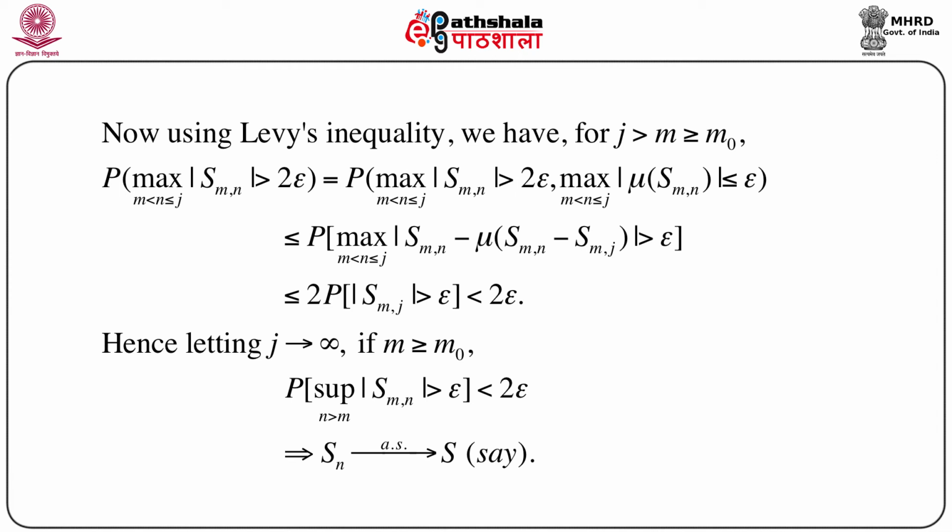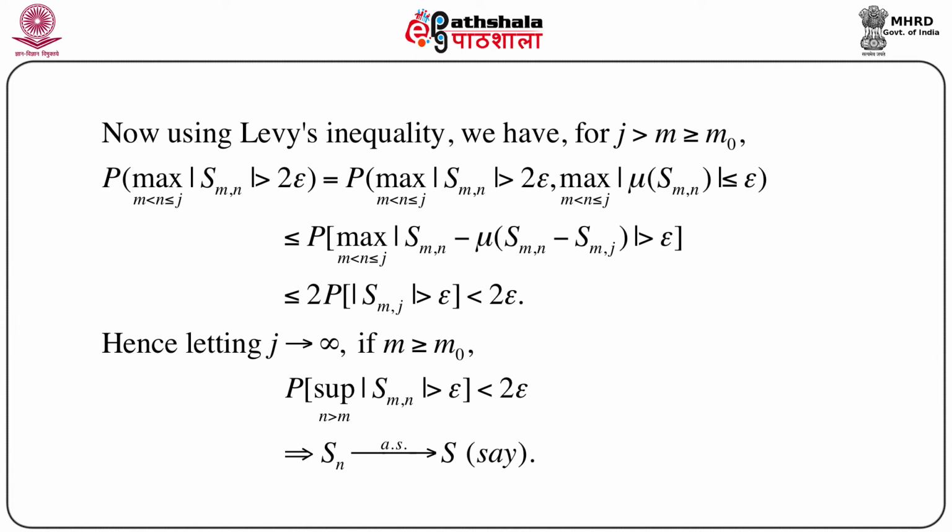This equals the probability of maximum over m less than n less than or equal to j of modulus of Sm,n greater than 2 epsilon, together with maximum of modulus of mu of Smn less than epsilon, which is less than or equal to the probability of maximum over m less than n less than or equal to j of modulus of Smn minus mu of Smn minus Smj greater than epsilon.